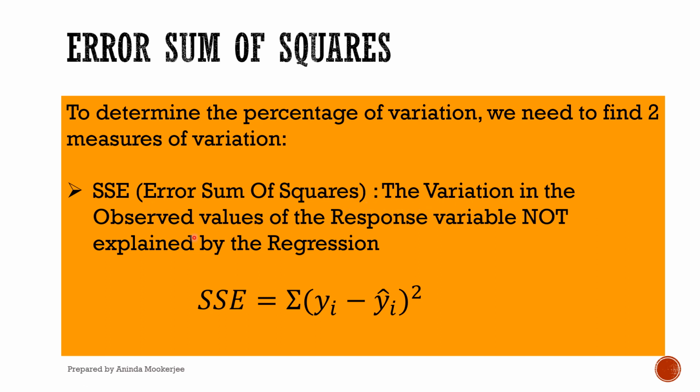It's the variation in the observed values of the response variable not explained by the regression equation. So it's the sum of how the actual data values vary from the predicted values. We square them and sum them. That's the error sum of squares.